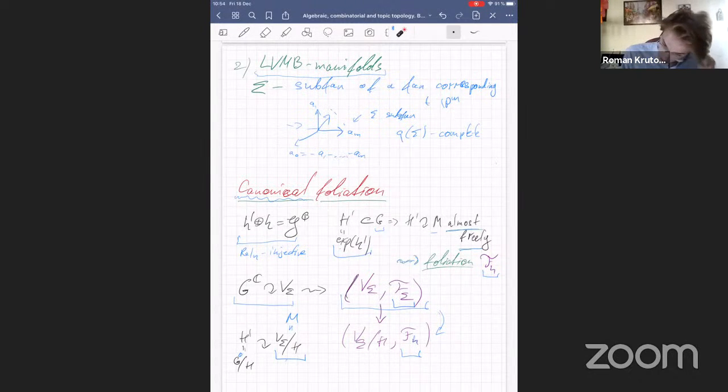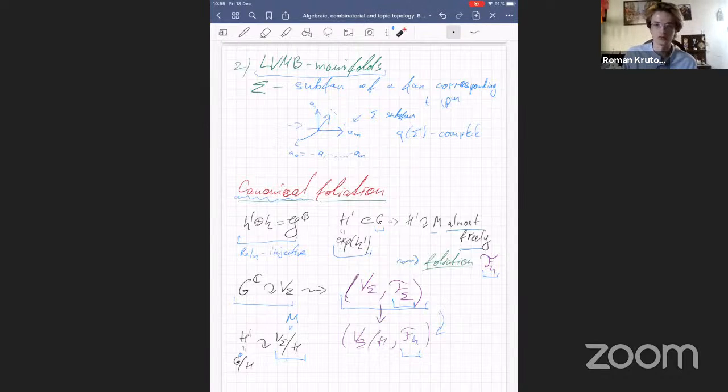So we can consider the action of H prime, which is the exponent of H prime, on our manifold M, since H prime sits inside of G, and it can be seen that this action is almost free, namely that there is some neighborhood of the identity in this group H prime, which acts freely on the whole space M.